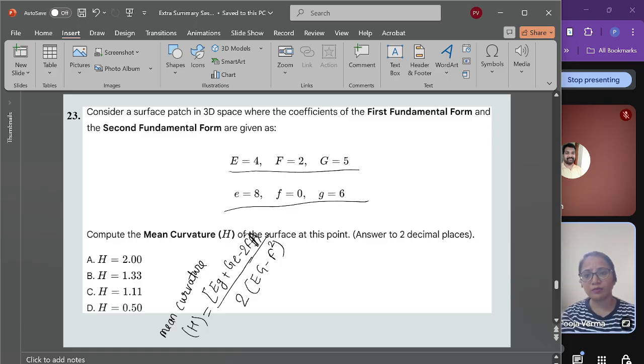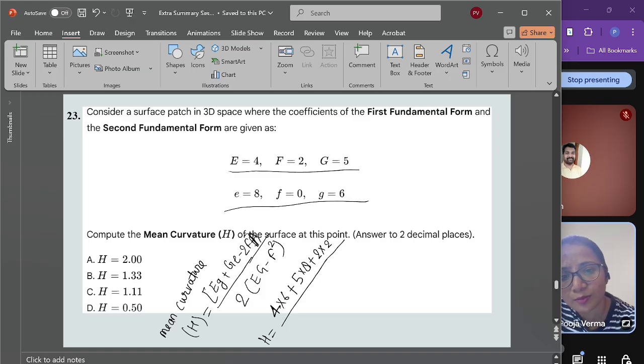Okay, to calculate the mean curvature from the 3D space, all values are given, so we just need to put them in. Capital E is 4, small g is 6, plus capital G is 5, small e is 8, minus 2 multiplied by capital F, which is again 2, and small f is 0 here.